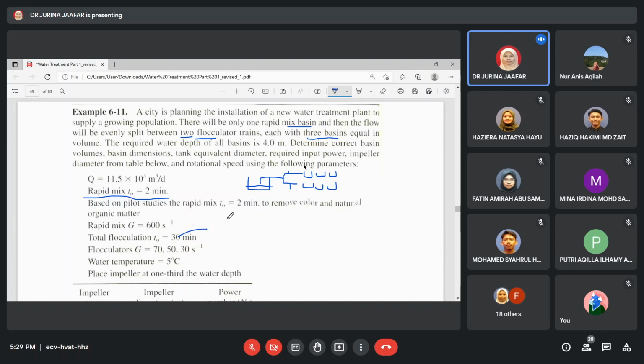Okay, so flocculation takes longer, it requires 30 minutes, whereas rapid mix is 20 minutes. So by looking at these given parameters, we can see we need to design one basin for rapid mix and the other basin for flocculation or the flocculator.